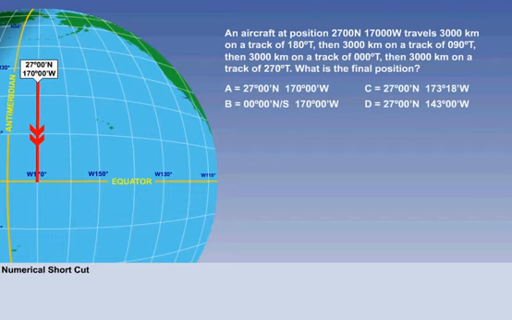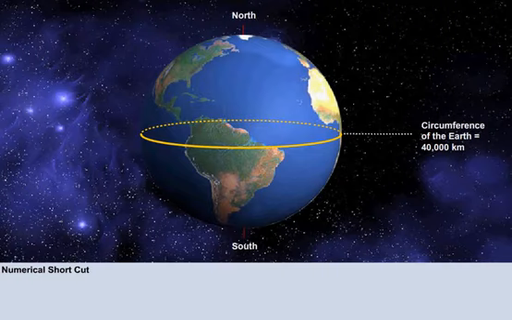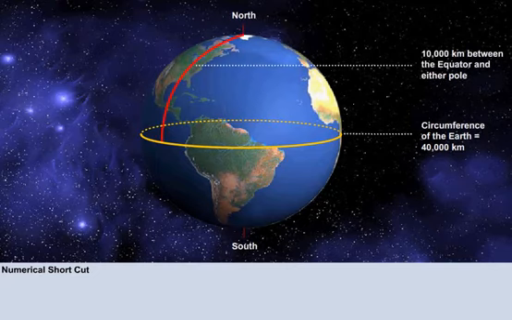The clue came with the information that the leg distance was 3,000 kilometres. If you think back to the early part of the course, you should remember that the circumference of the Earth is 40,000 kilometres, and that 10,000 kilometres is 90 degrees change of latitude straight up a meridian.